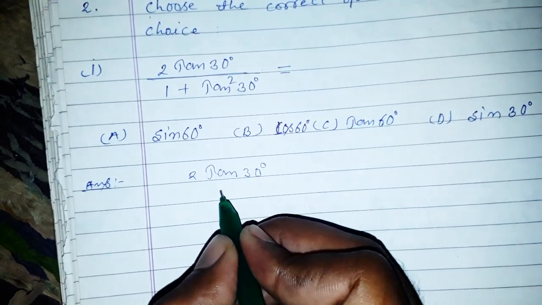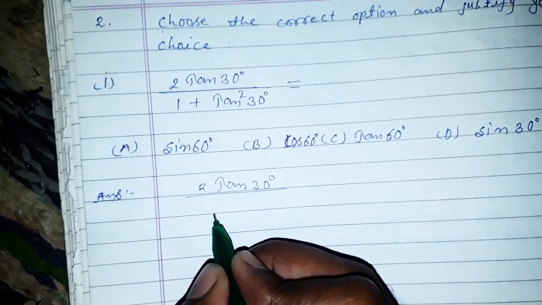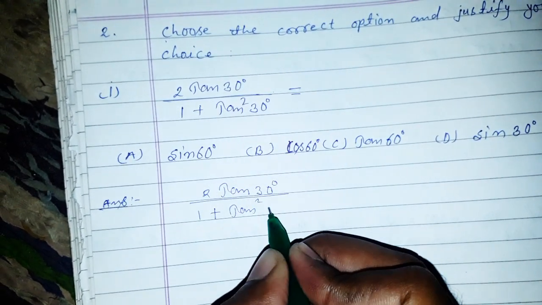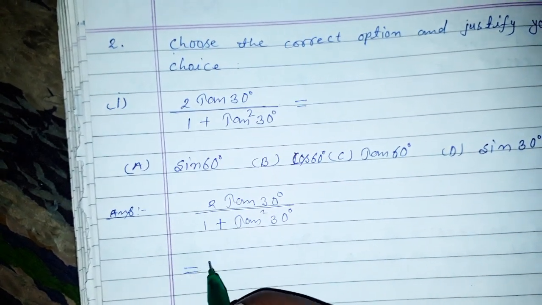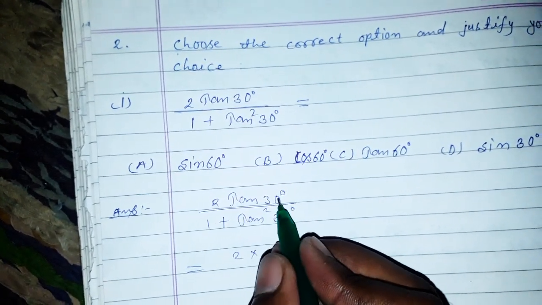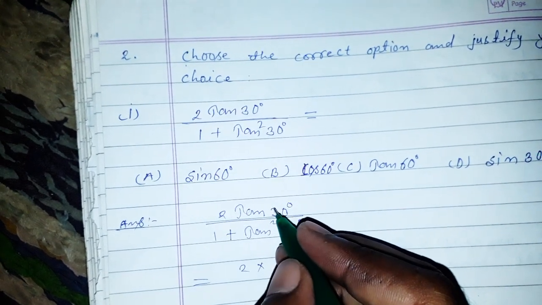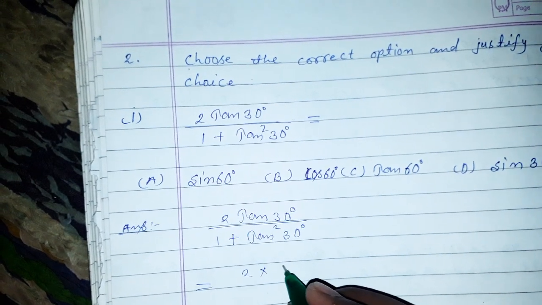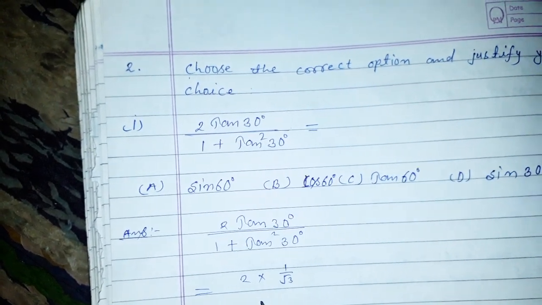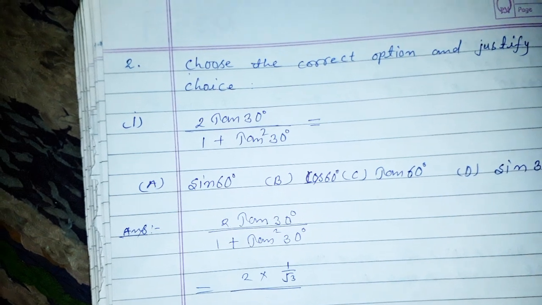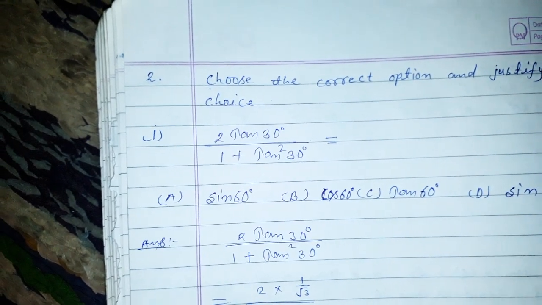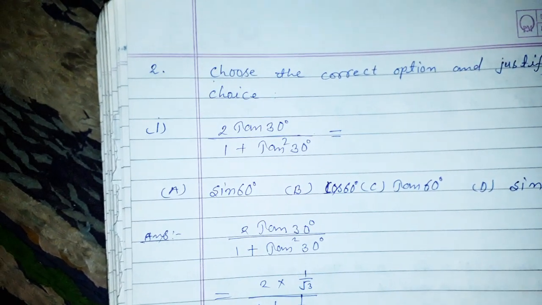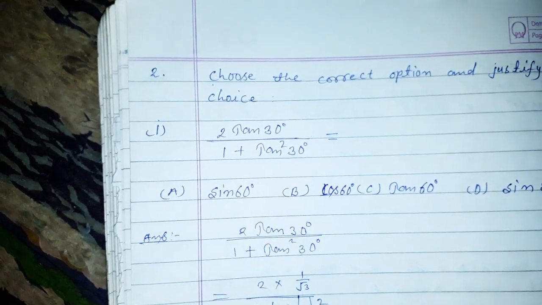2 tan 30 degree upon 1 plus tan square 30 degree. 2 into, what is the value of tan 30? So tan 30 is 1 upon root 3, upon 1 plus tan 30, 1 upon root 3, but square.